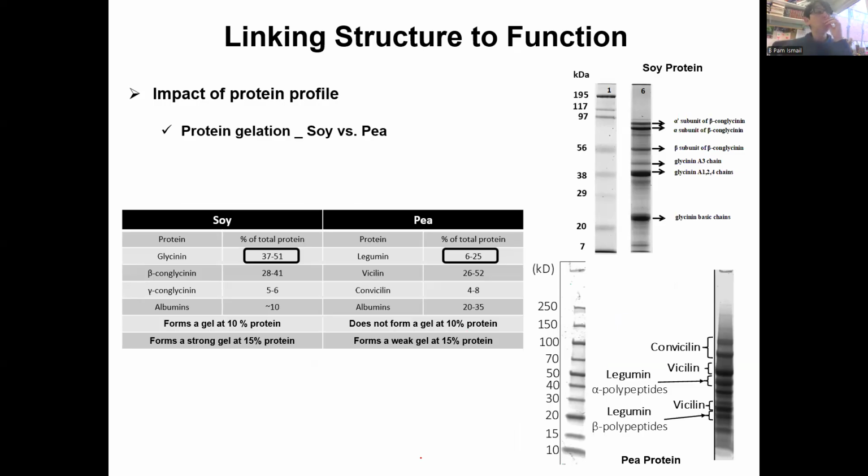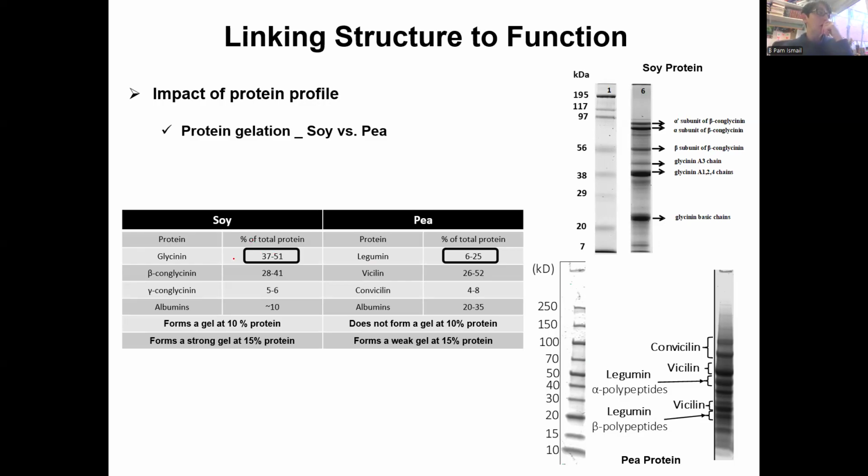Now, we look at soy protein and pea protein. Pea protein is very related to soy. It's a legume protein. It has vicilin and legumin, so 11S and 7S proteins. The glycinin in soy is in a similar class to legumin, and both are 11S based on sedimentation coefficient.